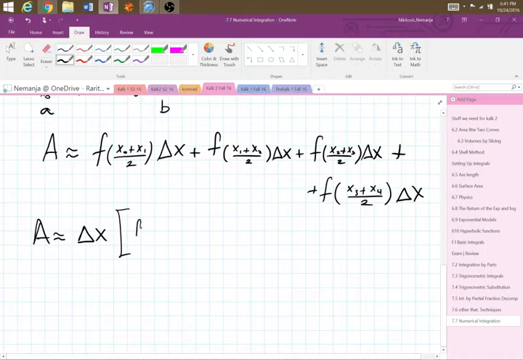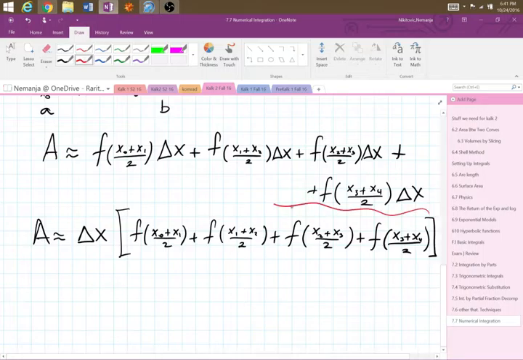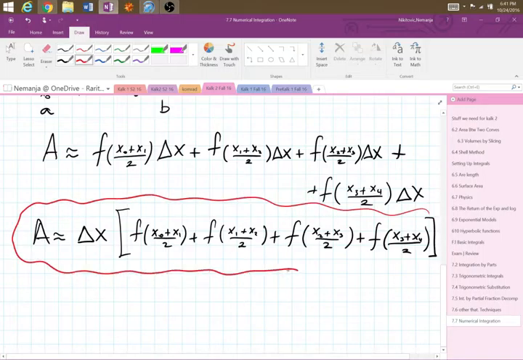We put f of (x0 plus x1) over 2 plus f of (x1 plus x2) over 2. You can have as many of these as you need. It's not just 4. And that will be the midpoint rule.